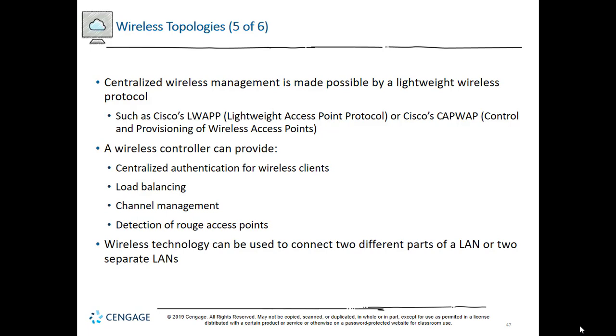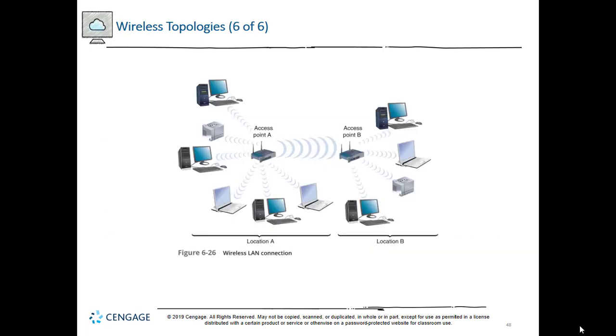So one controller can handle a plethora of different access points. So for an example here, from your central management station you would have the ability to control them. You can also see that access point B receives its information from access point A. It's not physically plugged in anywhere in the building.